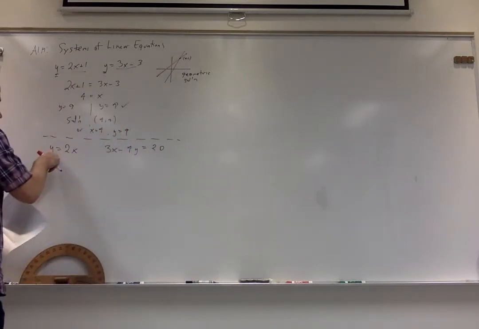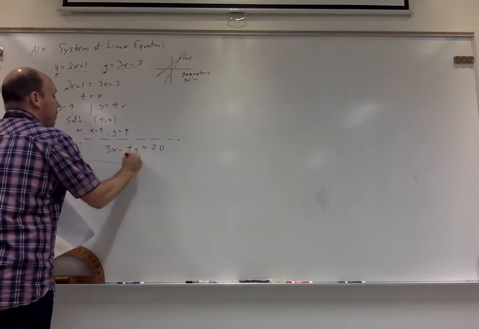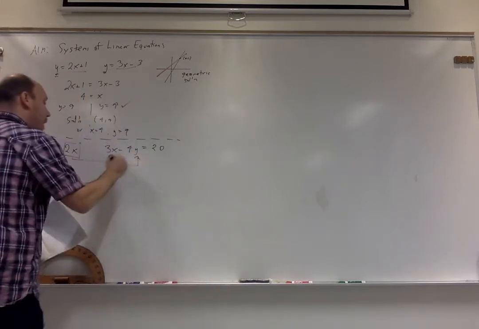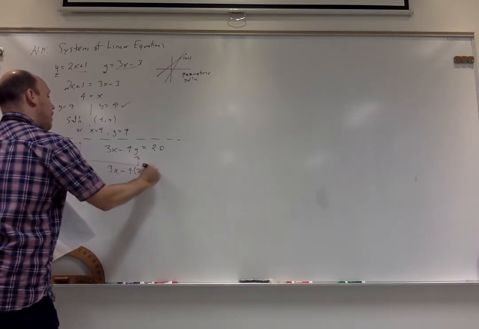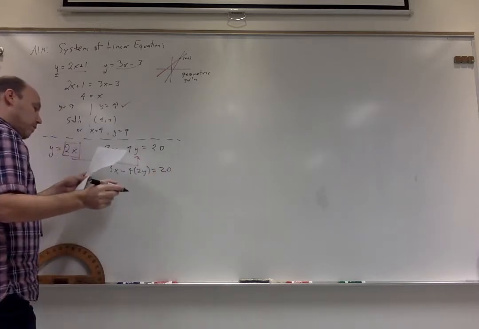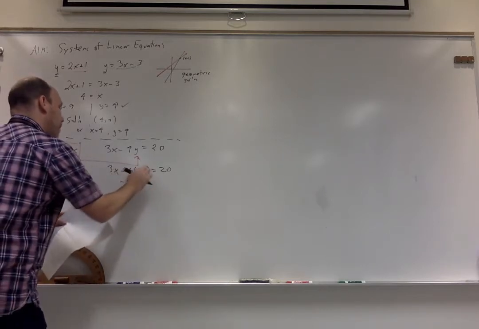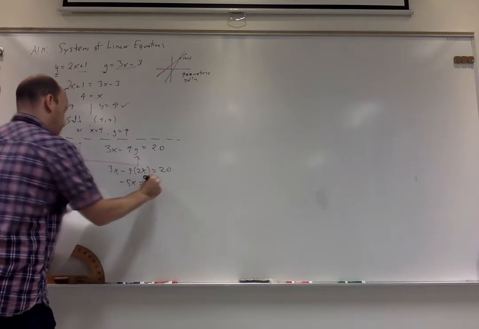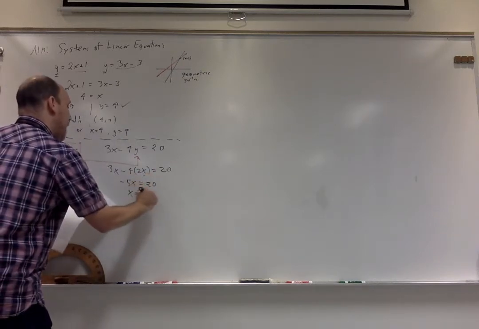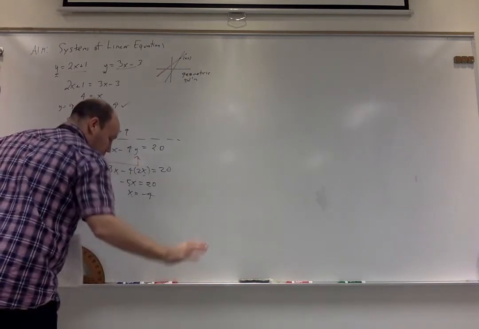Then we stuck it in there, and we had 3x minus 4 times 2x equals 20. Negative 5x equals 20. We had x equals negative 4, and then we plugged it back into both equations.